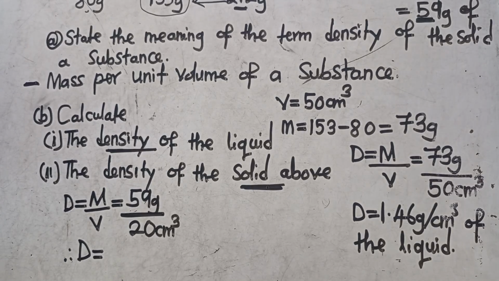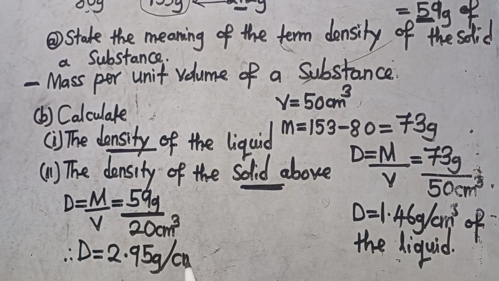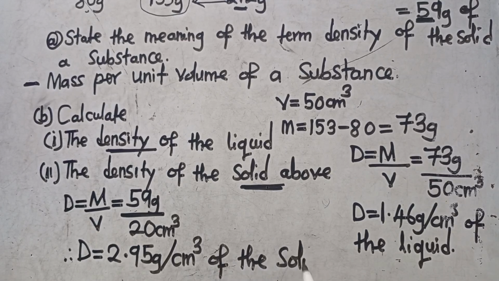What answer are we getting? We are getting 2.95 grams per cm³ of the solid. These are the calculations you are supposed to know. If you are given a question in an exam, this is what you are supposed to do.